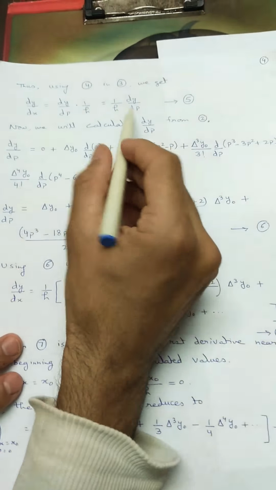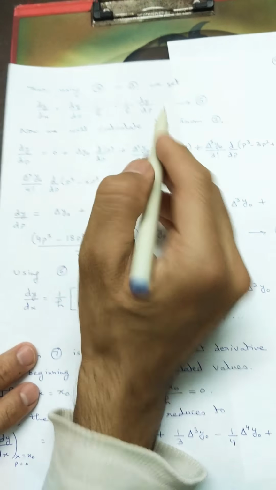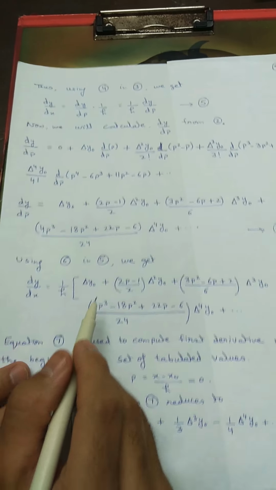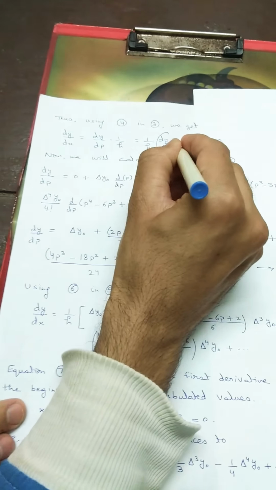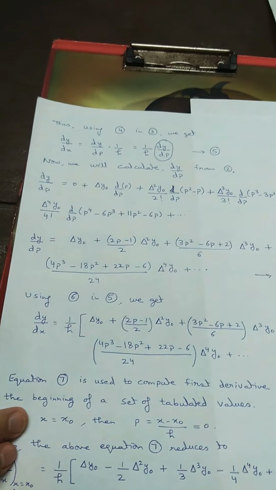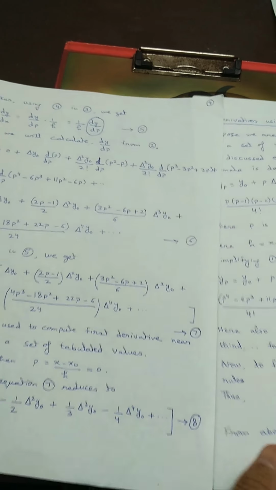So it is 1 by h dy by dp. Now I need to calculate dy by dp. To calculate dy by dp, I will be using equation number 2.